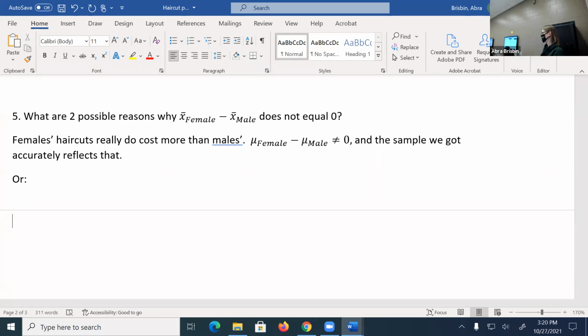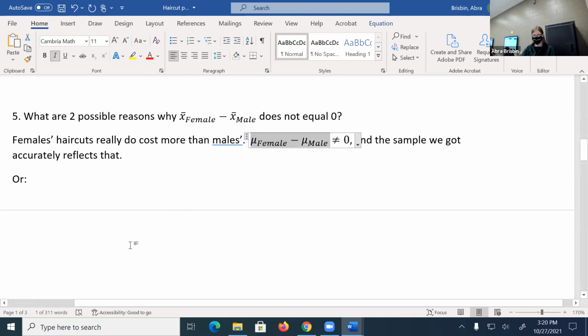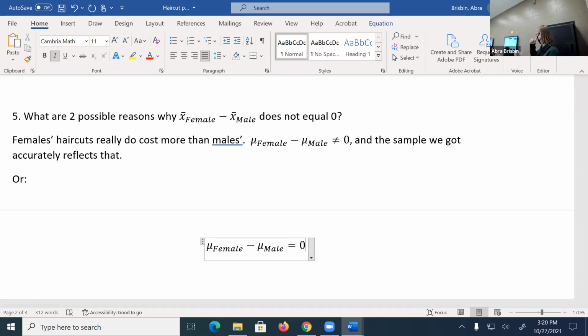Okay. The actual population is the same, but we just happen to get a sample that has a different mean. Yeah, so the other possibility is that there's nothing that's really different about the populations. So if we could measure everybody, survey everybody and ask them about the price of their last haircut, we would find that the difference in population means was 0.